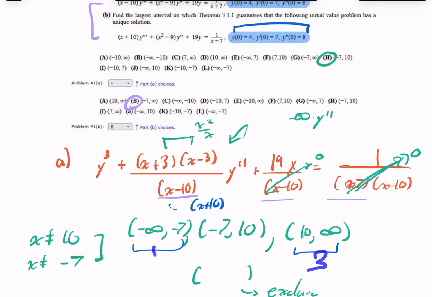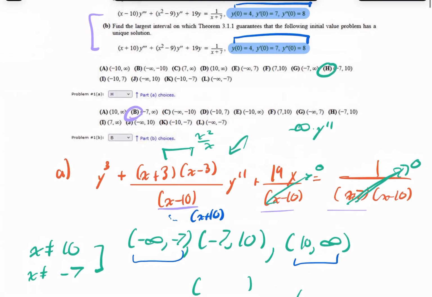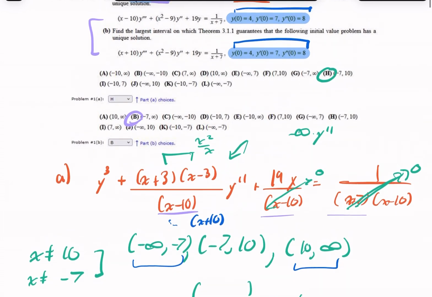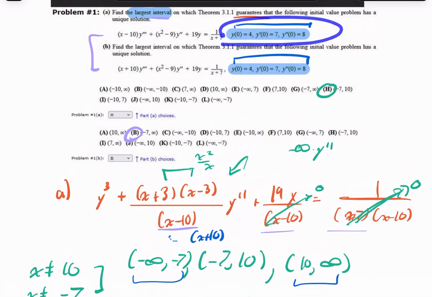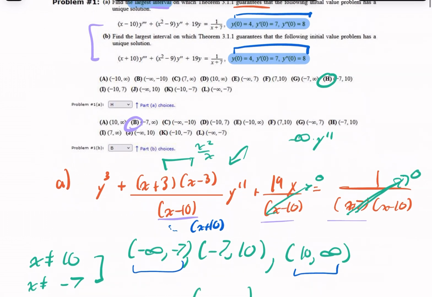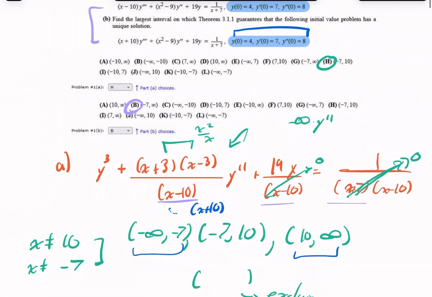Now, the first and the third interval are much larger than the second, but there's a reason why we chose the second. That's because they're telling us that in our initial values, y at 0 equals x, y, and 4, 7, and 8, and at each of those at their respective derivative. So if I choose this interval, it's larger than the second one, but it doesn't contain my solution at y equals 0, or y prime at 0, or y double prime at 0, nor does this one.